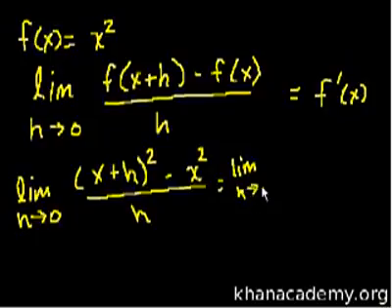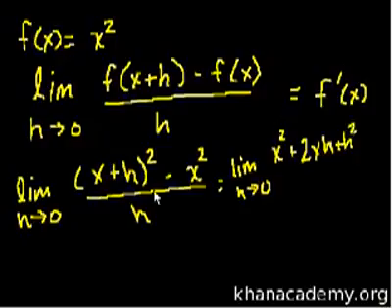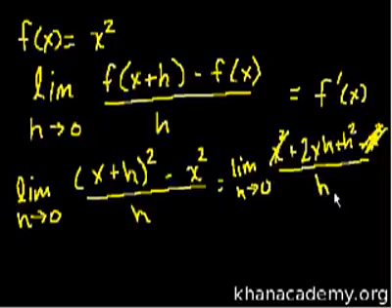And this is equal to the limit as h approaches 0. Let's just multiply this out: x squared plus, what is this, 2xh plus h squared, minus x squared, all of that over h. Let's simplify this. This x squared cancels out with this minus x squared, right?